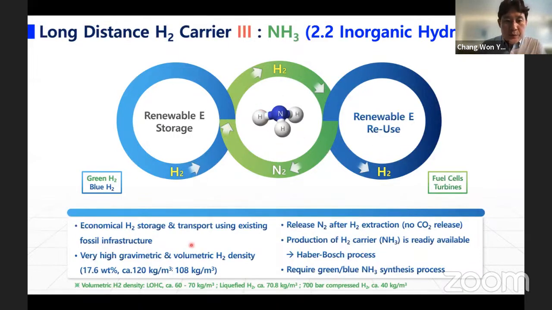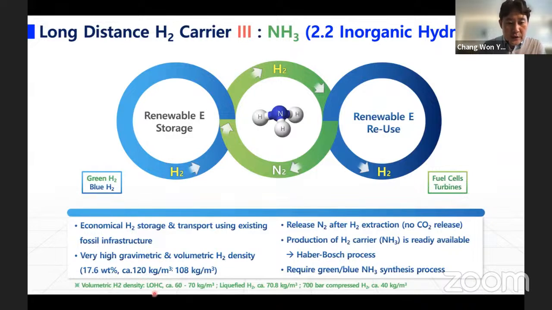Why is ammonia so promising? This is because ammonia has super high gravimetric and volumetric hydrogen storage density. The gravimetric hydrogen storage density is about 17.7 weight%, and the volumetric hydrogen storage density is about 120 kilograms per cubic meter.